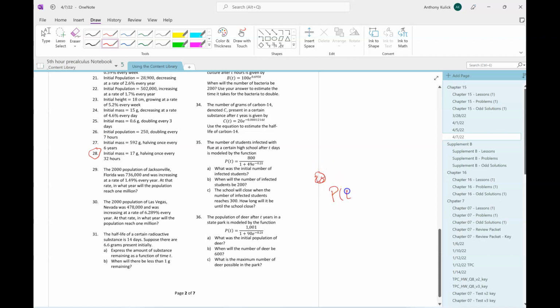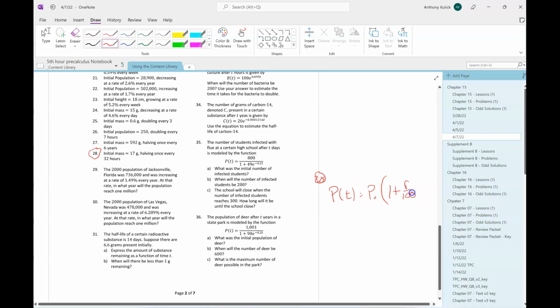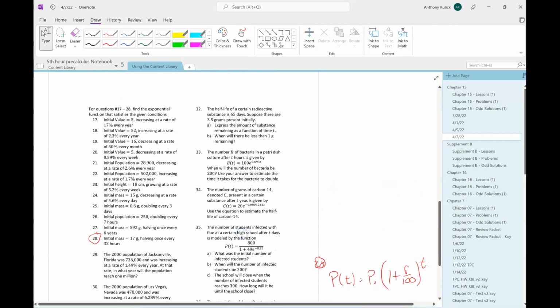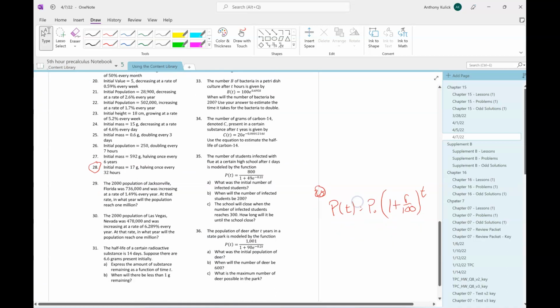I would start by writing my model for population. Find the function. So we just need to fill in the numbers here.